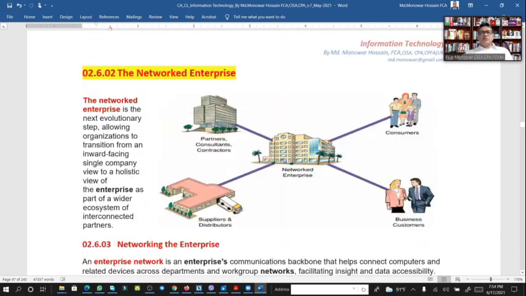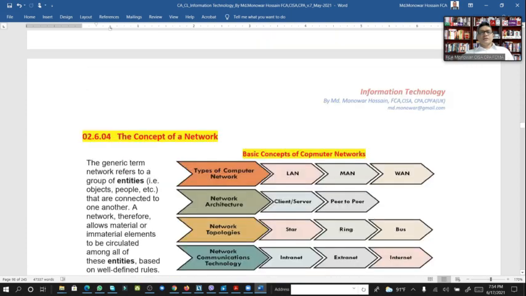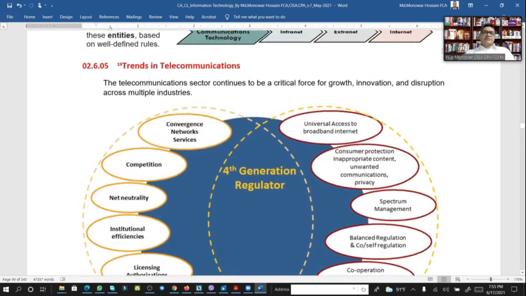Here we have seen the network enterprise and the basic concepts: types of computer networks, LAN, WAN, network architecture, client-server network, peer-to-peer, network topology, star, ring, bus, etc., and network communication technology: internet, intranet, and extranet.